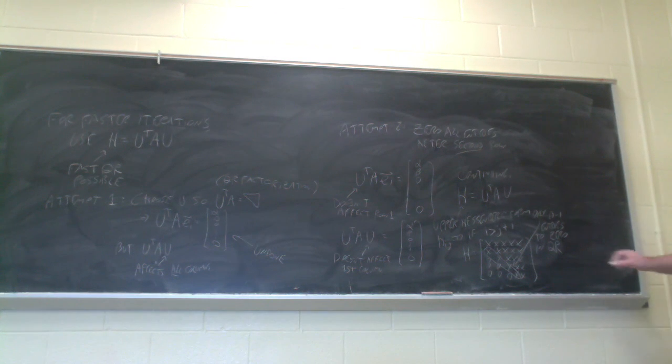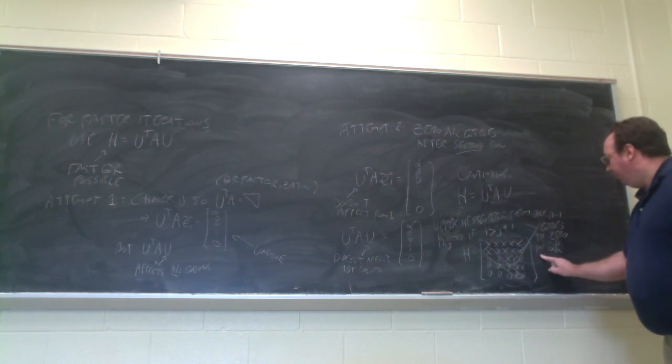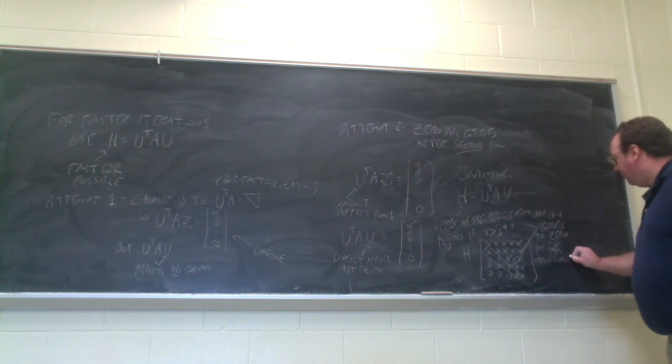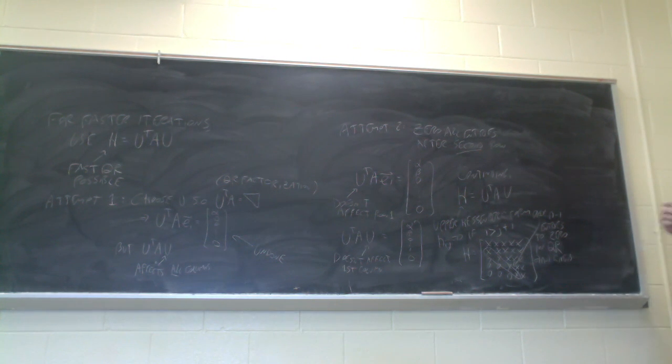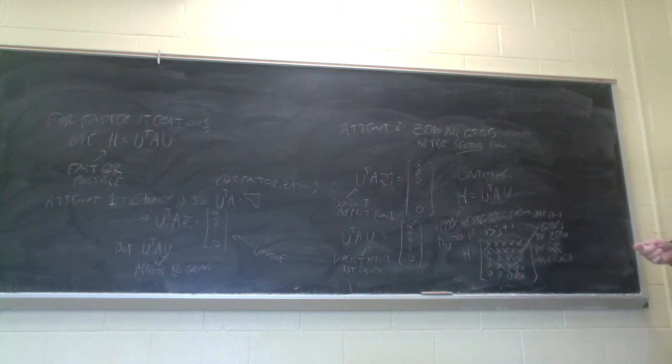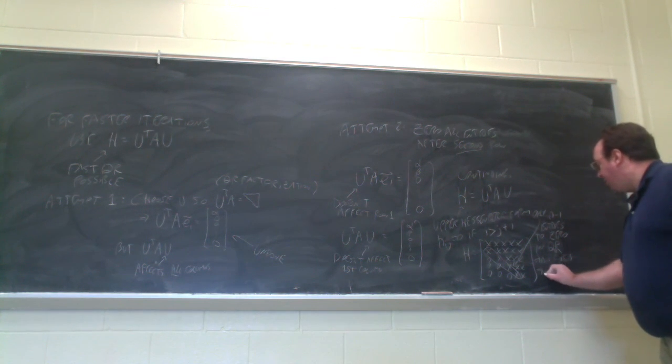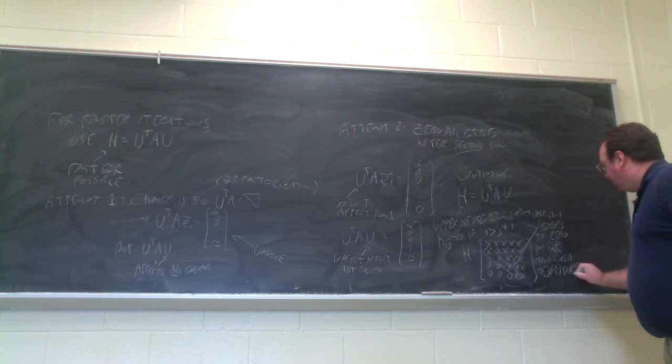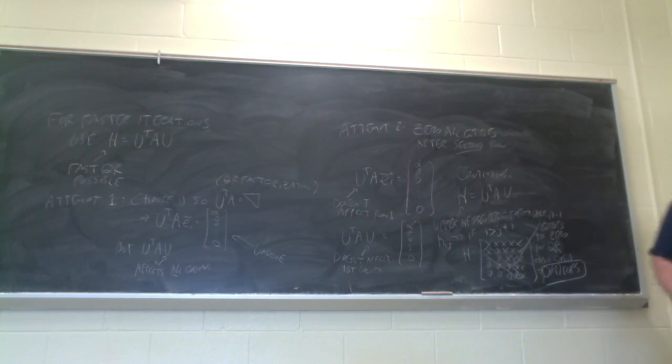So what we use is n-1 Givens rotations. Each Givens rotation will work on 2 rows, so order n floating point operations each. So the whole QR factorization requires only order n squared floating point operations.